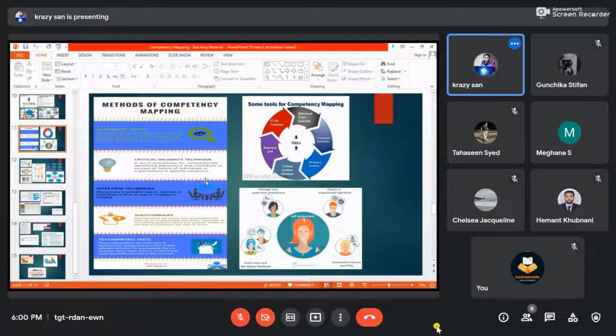if you have to do a psychometric test in competency mapping, what will be the major selections of evaluating or doing the assessment by you being an HR associate in an organization? Suppose you are an HR associate in, you can say, a textile industry.